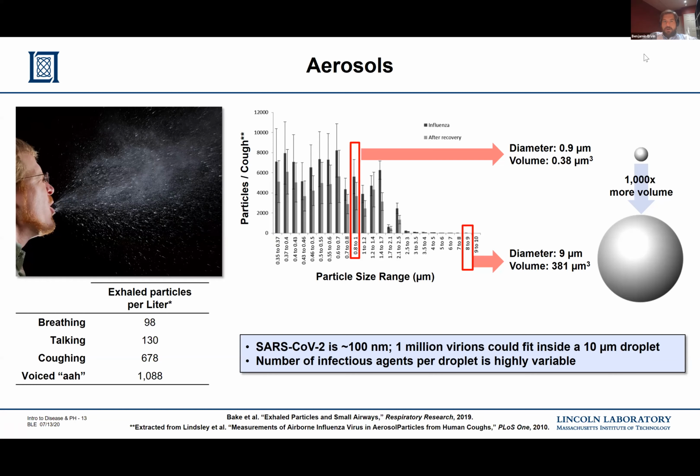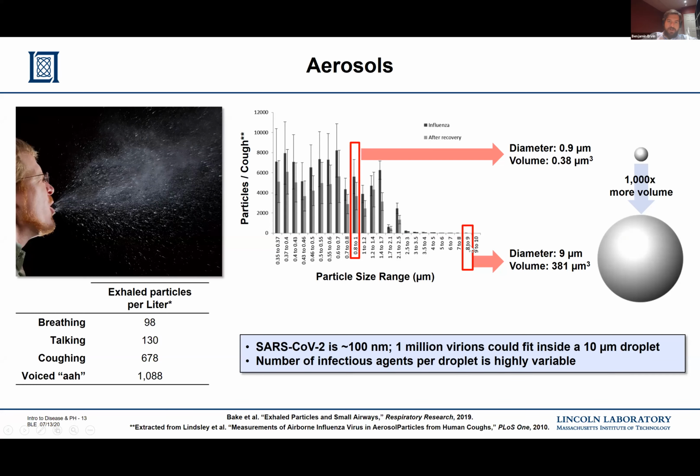In the middle here, I've plotted particles per cough from an experiment. You can see there are a lot of small particles. By small particles, I mean below 1 micron. That's very small. A diameter of 0.9 microns gives you this volume.